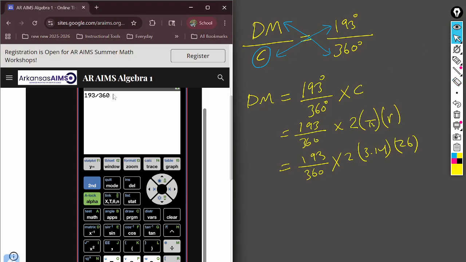So we have 193 divided by 360. Now we have 2, so we need to multiply by 2, and then multiply by 3.14 multiplied by 26, and we reach the answer, which is almost 87.5.